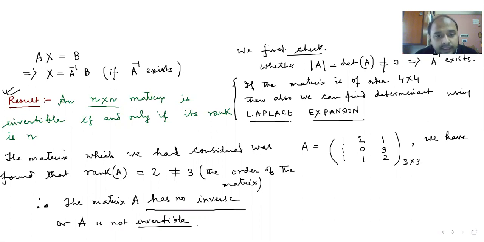I am enabling the chat box and I am asking you to find the determinant of A. If you want to test what I have told you just now, find the determinant of A, you know how to do it, and tell me what the value is. Believe me, but without testing, don't believe me. So try to find it quickly, and then tell me that yes, you agree with what I have said just now.